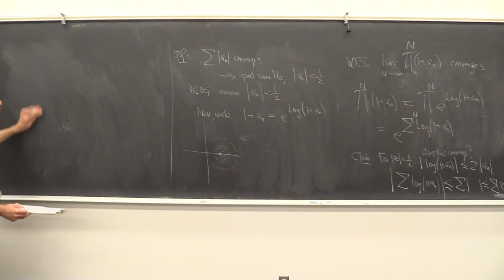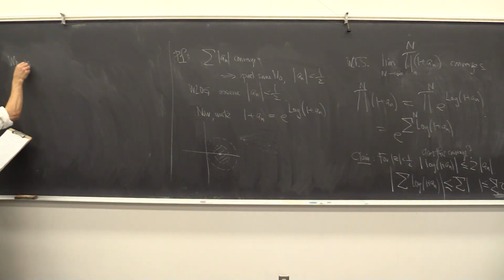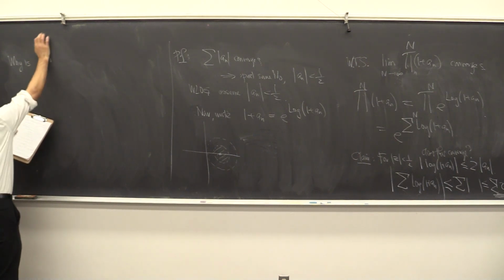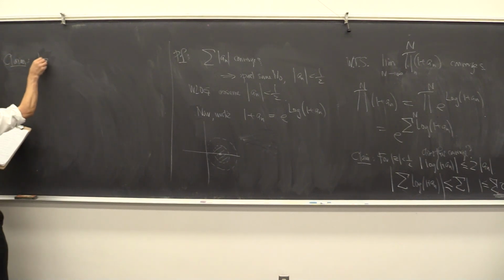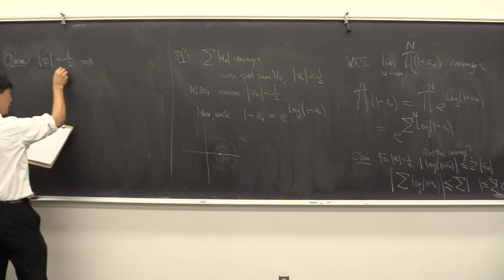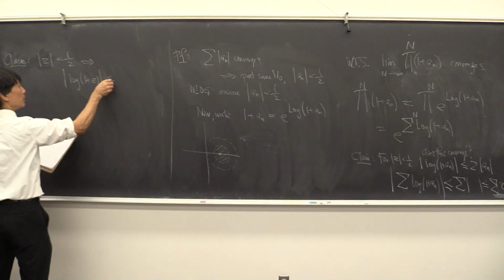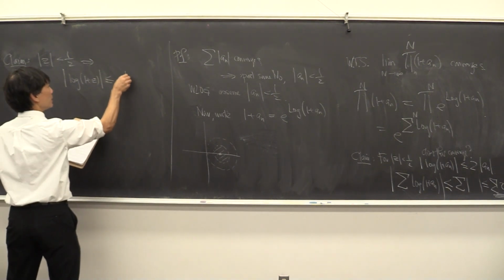So let me prove that bound. The bound is pretty straightforward. If absolute value z is smaller than a half, then the size of the log of 1 plus z is smaller than 2 times the absolute value of z.